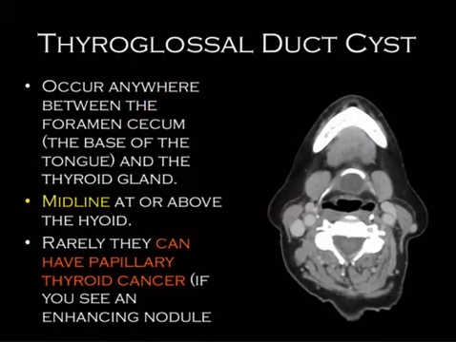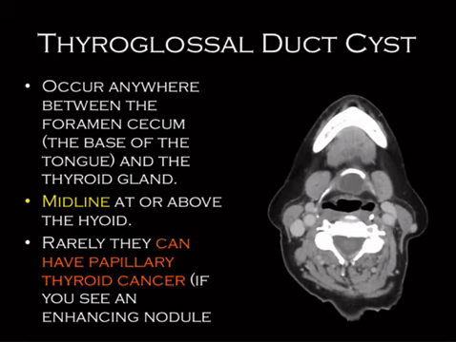Now, if you remember from embryology, the thyroid gland starts around the base of the tongue, and then it sort of drips down into the neck. And because of that, there's like a track that exists theoretically. And along this track, you can have remnants, or these ductal remnants, which can form a cyst, or you can have residual thyroid tissue.